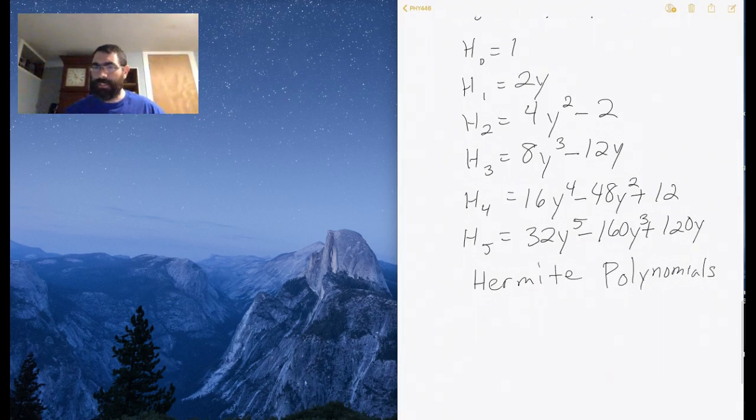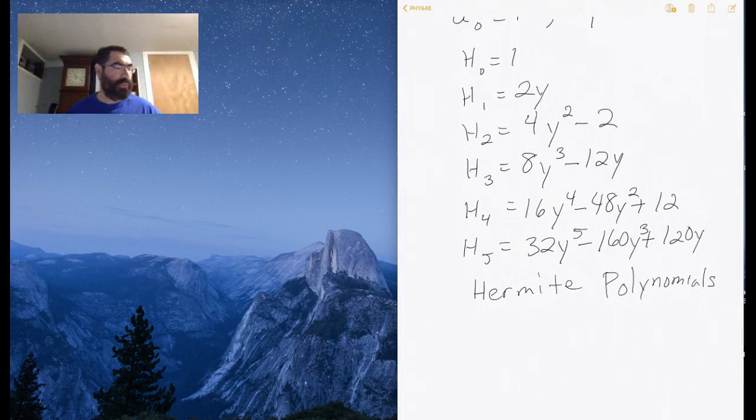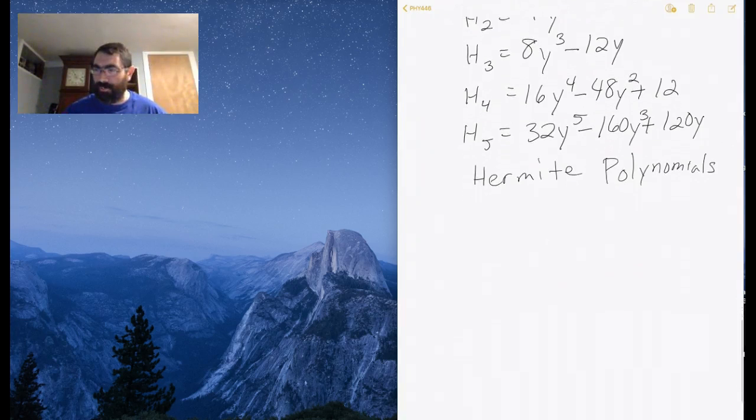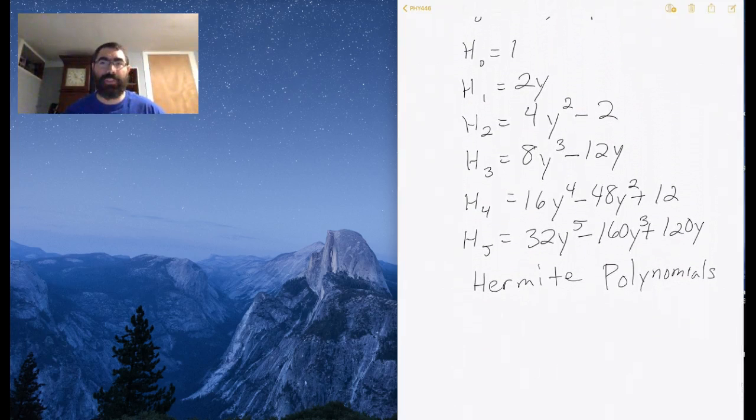Okay. So here's a list of the Hermite polynomials, and you can find these in any textbook, any reference manual on differential equations or polynomials.